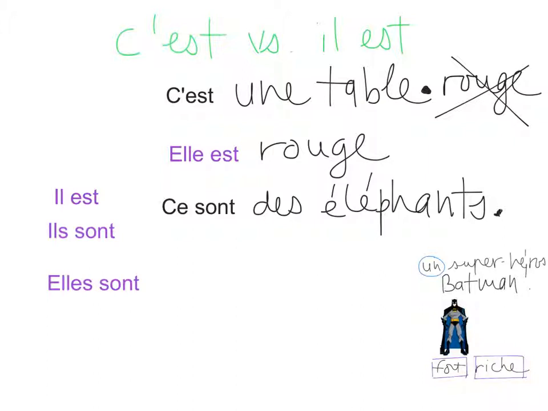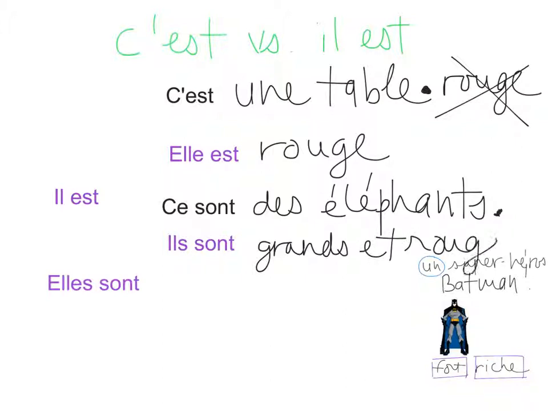But let's imagine that we have a dot here and I want to describe the elephants. Well, I just need to use ils sont, and I can write ils sont grands et rouges. And this is how I use c'est and il est.